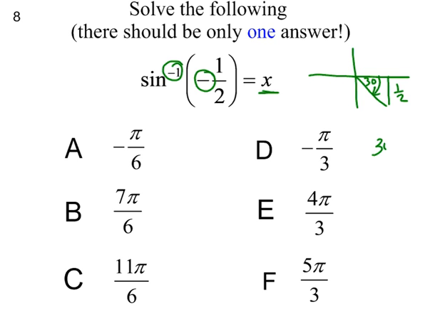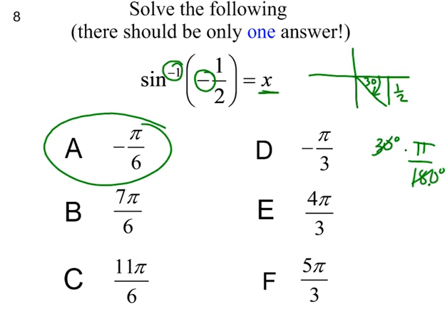Again, I'll just show you what we do if we don't know these, but I would encourage you to memorize them by now. So 30 and 180 reduces out, and you have pi over 6. And the nice thing, like I said before, is you don't have to take 2 pi minus pi over 6 to figure out my reference angle. It's just strictly negative 30 because now we're going clockwise. So negative pi over 6 is my answer.